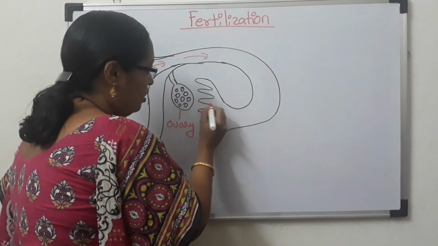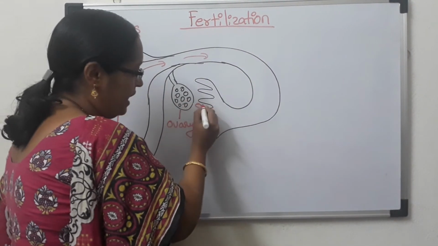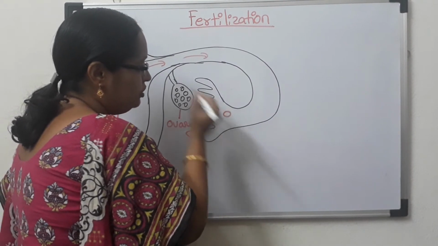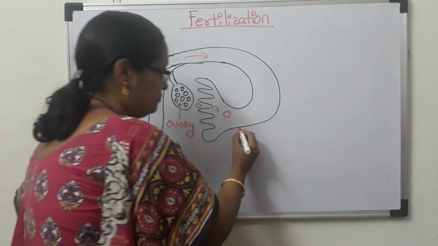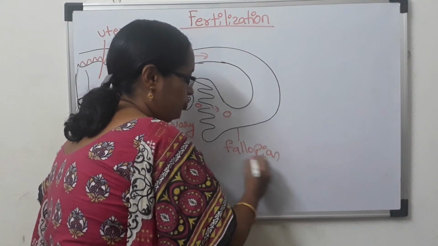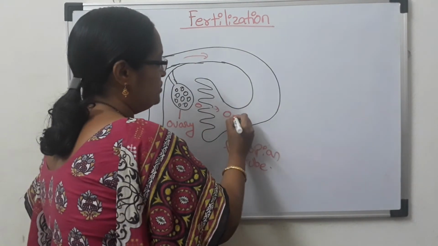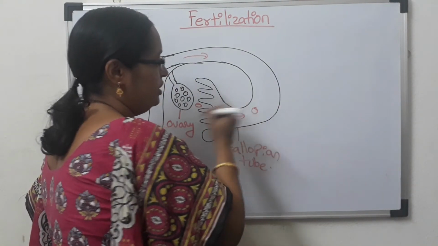Now the egg is released by the ovary and enters into the fallopian tube. Now the egg cell is moving in the fallopian tube.